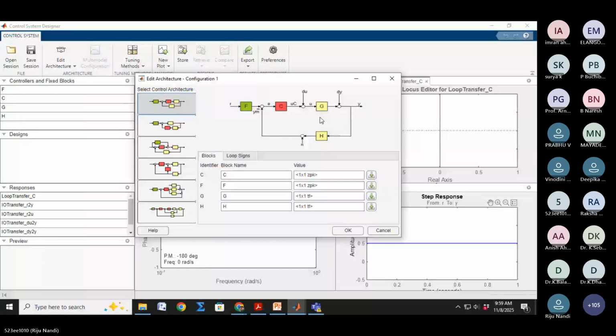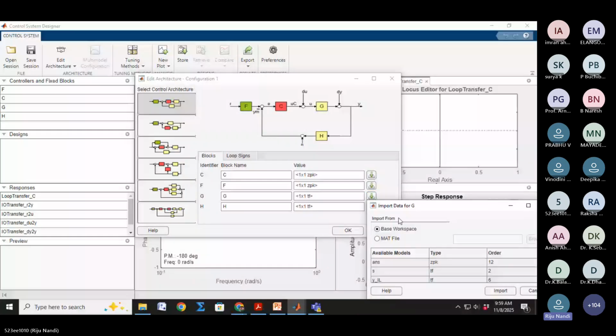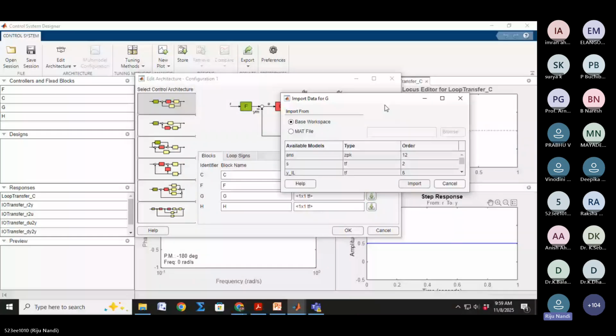Okay, so V0 by D is your plant transfer function, as I have said already. So you have to click the G value. Okay, at the last you can see Y by V0 is there. Y by V means V0 by D is there. Okay, you have to select this Y by V0, then import and okay.